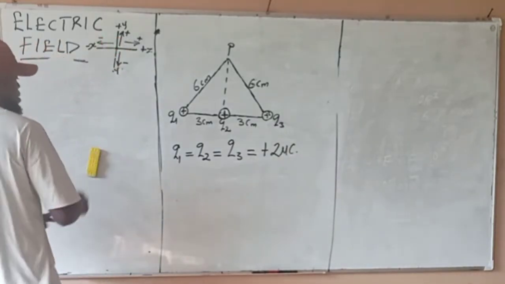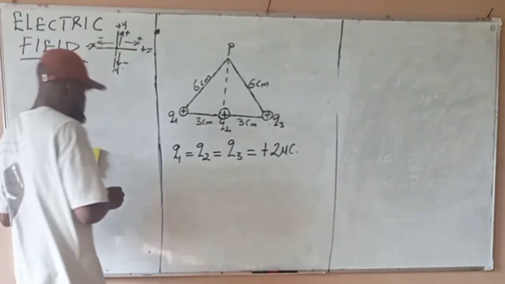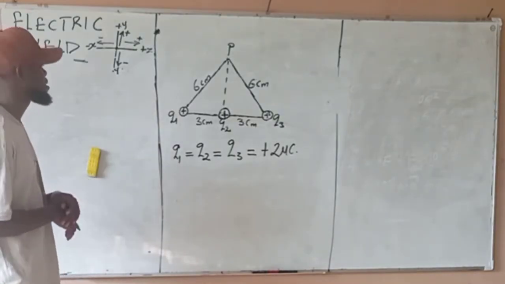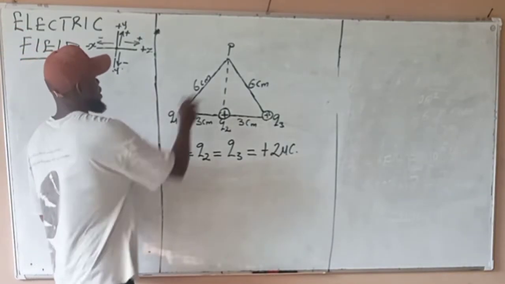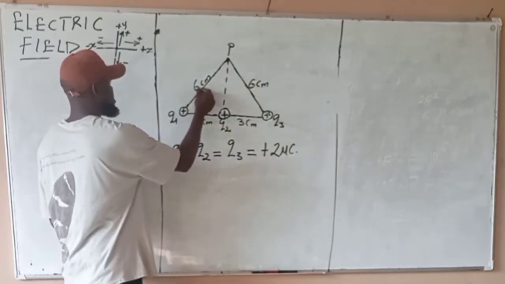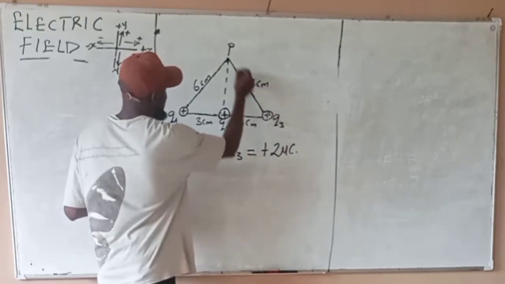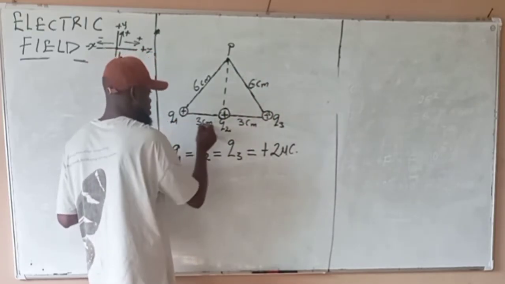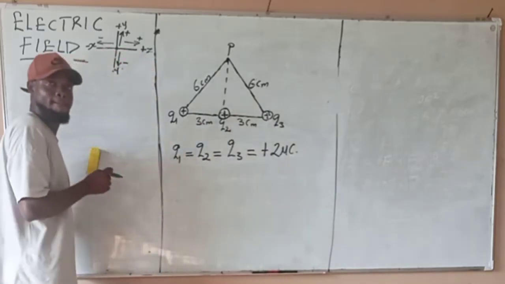Let's do that. Before you do this, from the concept of field lines, we're going to find the field at this point. The distance between P and Q1 is 6. The distance between P and Q2 is 6. The distance between Q1 and Q2 is also 6. 3 plus 3, that will be 6.